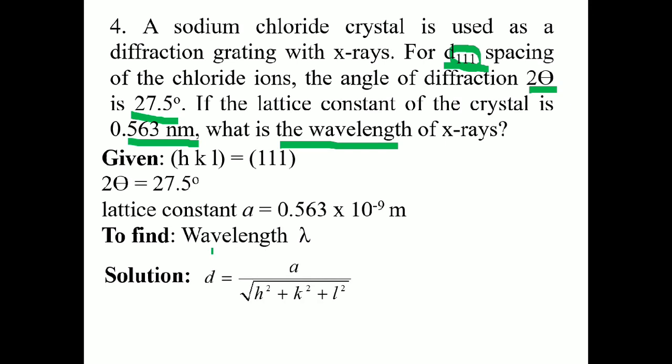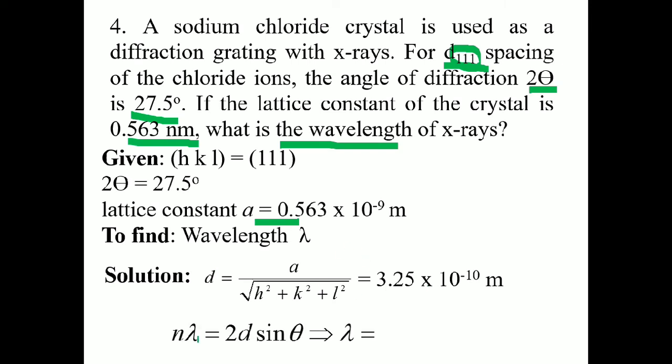In this case, two equations are required. First, you calculate d because d is not given in the problem. Using the given a value and h, k, l values, find out the interplanar distance. Then use Bragg's law, that is n lambda equal to 2d sin theta. n should be taken as first order unless it is mentioned.